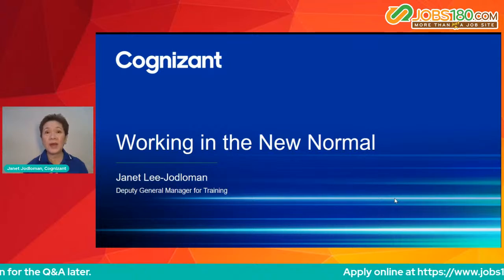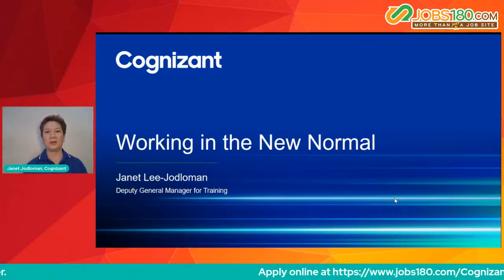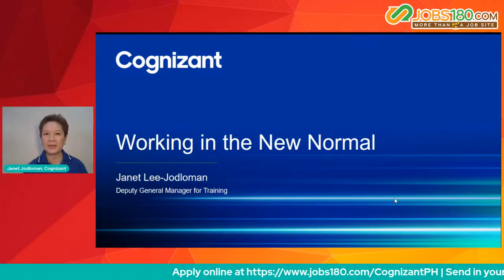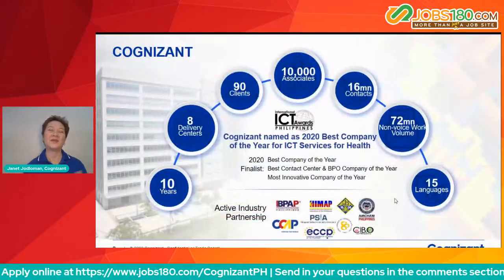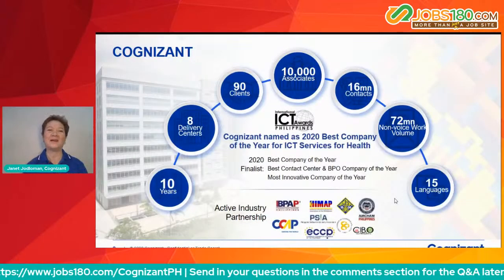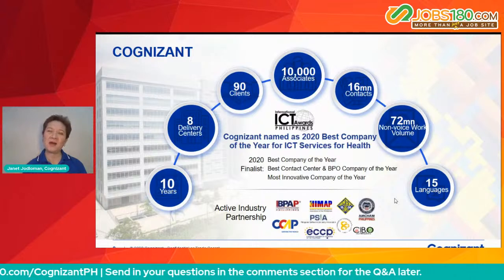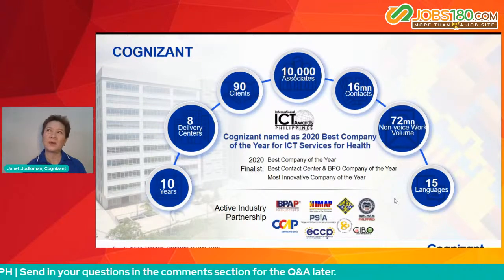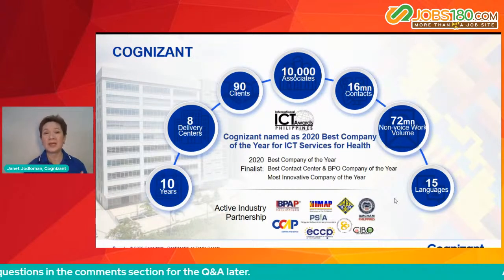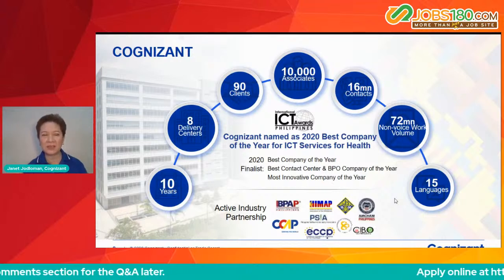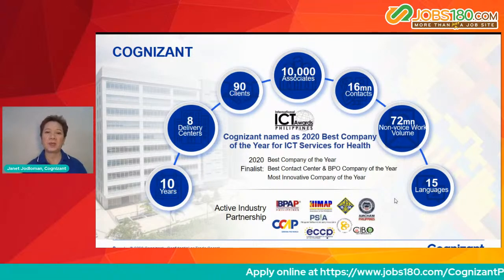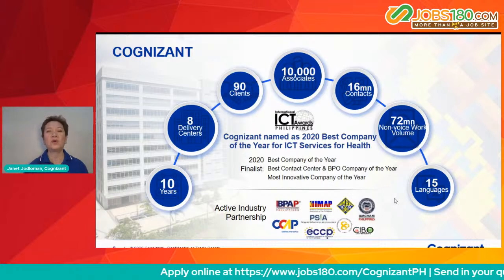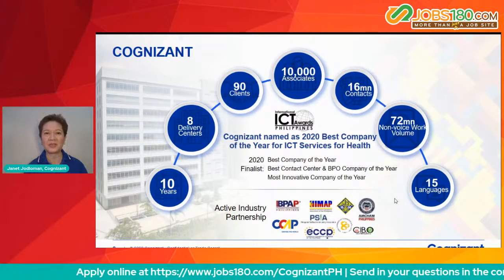Before I talk to you about how the work environment is in the new normal, let me first introduce Cognizant. Quick lang, one slide lang. We are a company of more than 10,000 employees. We reached 10,000 employees in 2020, and we are one of the top BPOs in the country today.